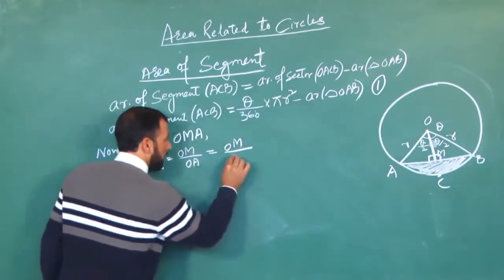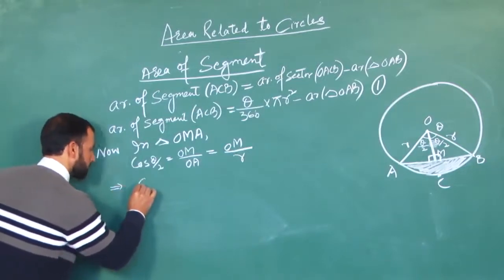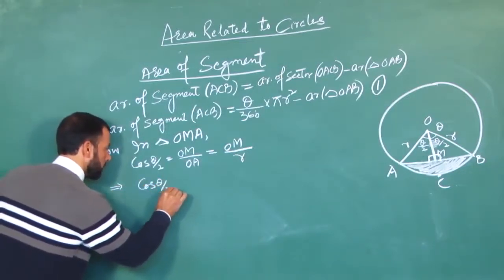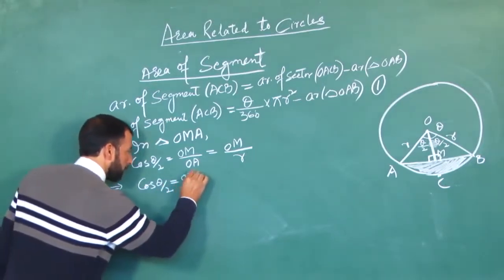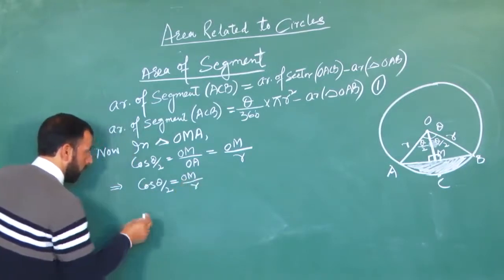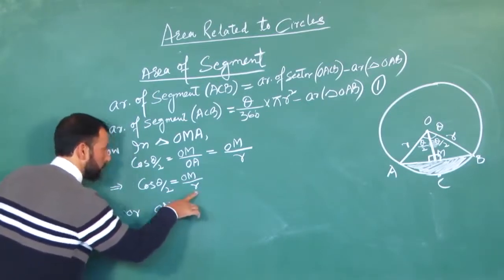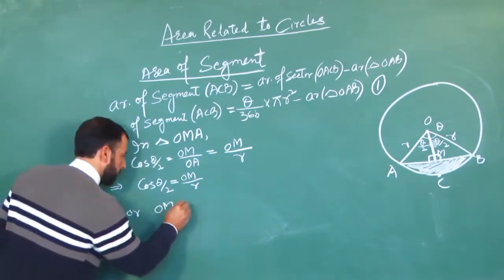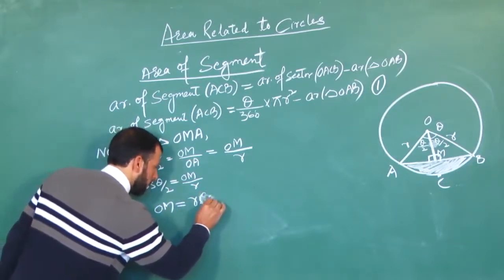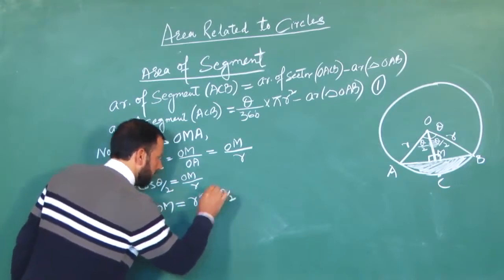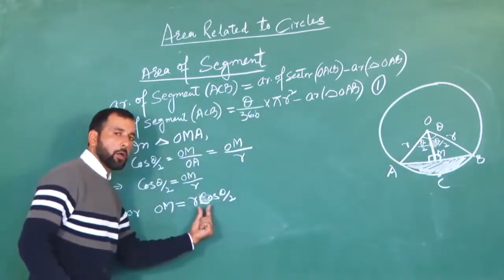We can write OA is equal to R. That implies cos theta by 2 is equal to OM divided by R. If we transpose this R to the left hand side, we get OM is equal to R cos theta by 2. OM is the altitude of the triangle, and it is equal to R cos theta divided by 2.